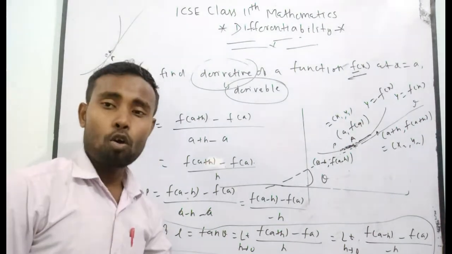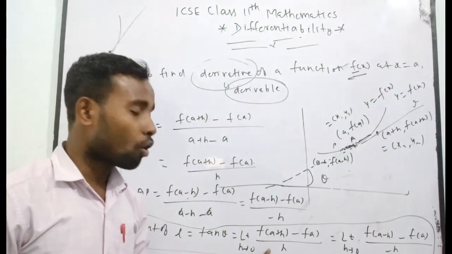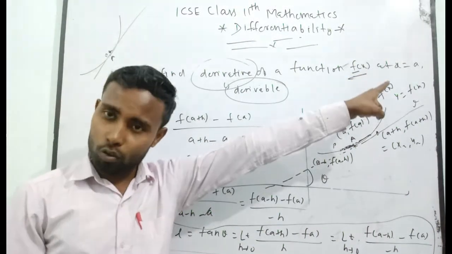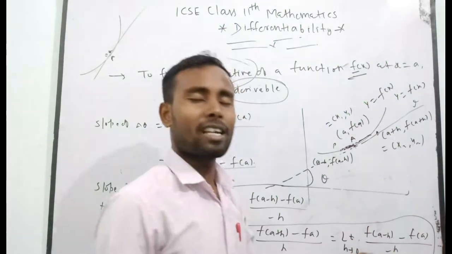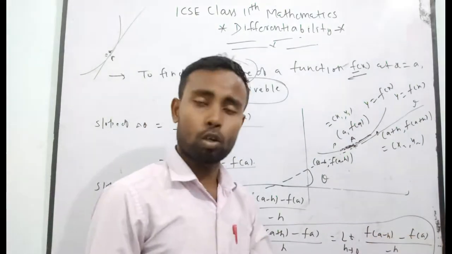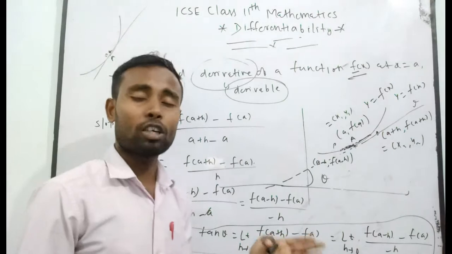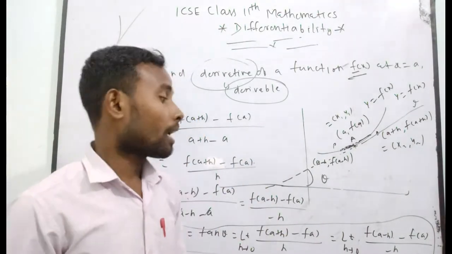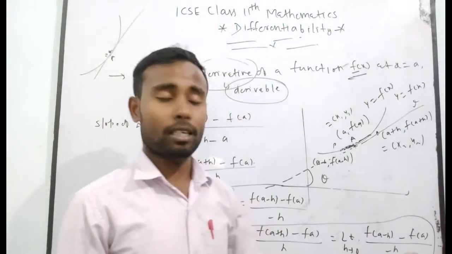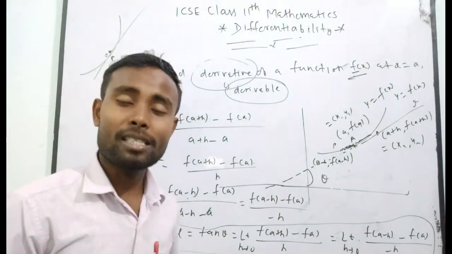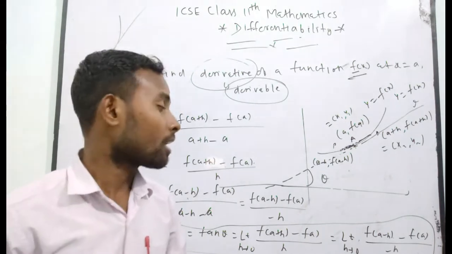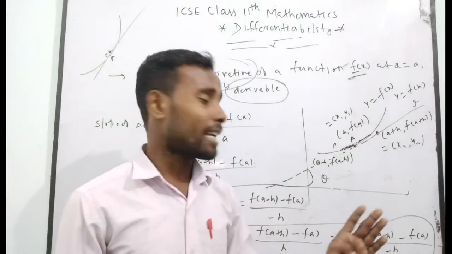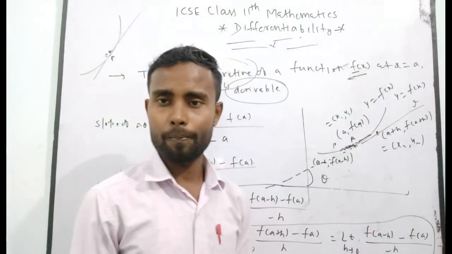This part is known as the right hand derivative of f(x) at x equal to a, while this is known as the left hand derivative of f(x) at x equal to a. Sometimes they are denoted by RHD, meaning right hand derivative, and LHD, meaning left hand derivative, of f(x) at x equal to a.